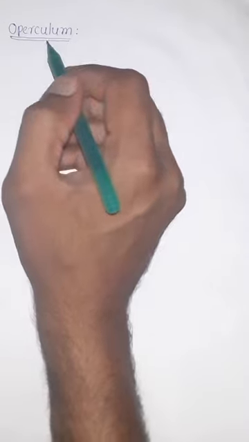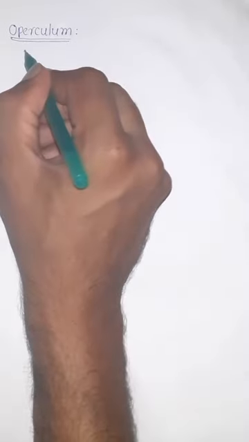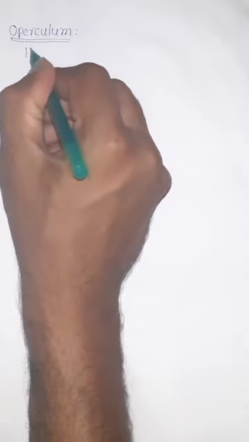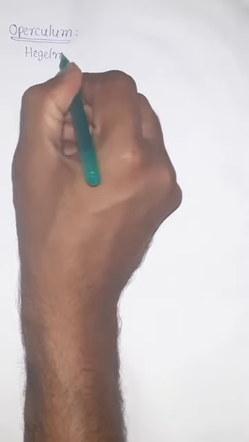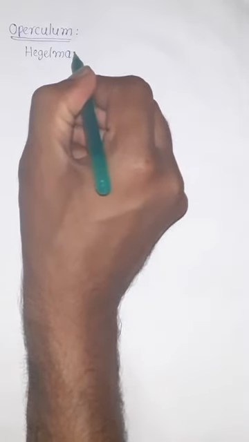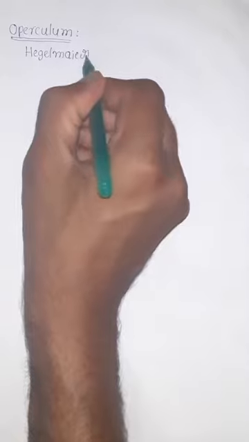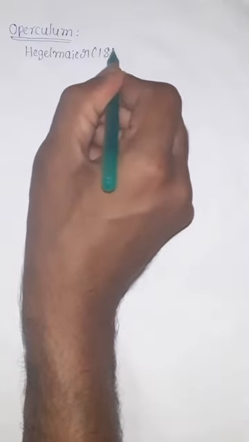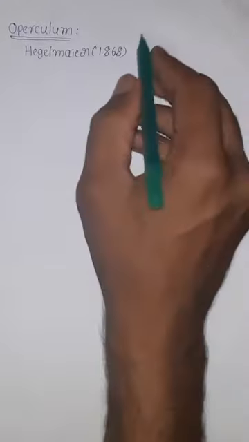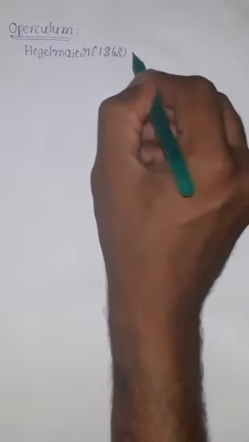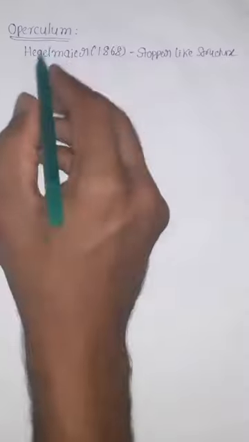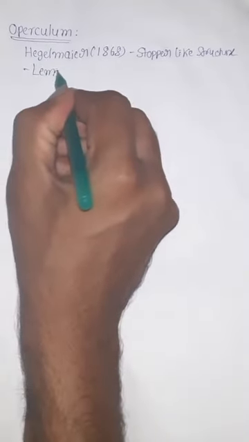In some plants, a scientist called Hegelmaier, in 1868, observed a stopper-like structure in the ovules of the Lemna plant.